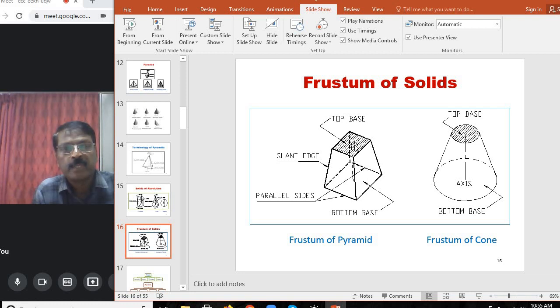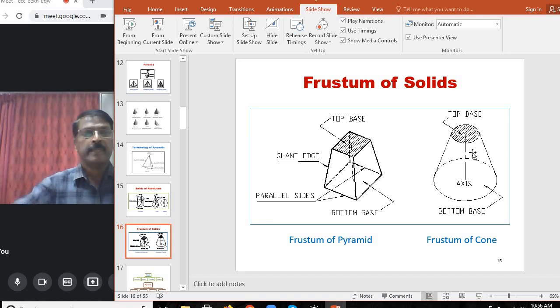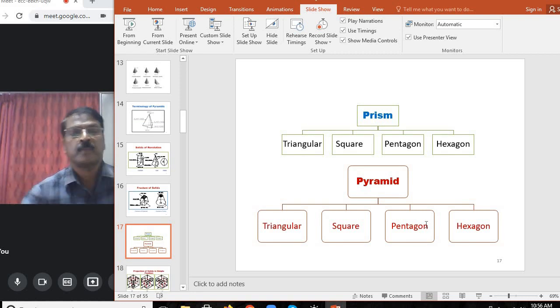The top portion is removed, cutting the pyramid parallel to the base and perpendicular to the axis. Similarly, when a cone is cut by a plane parallel to the base or perpendicular to the axis through some point, and the top portion is removed, the remaining portion is called the frustum of a cone.